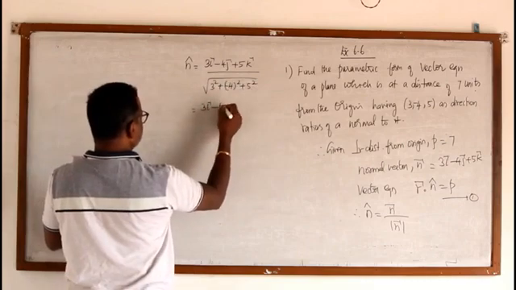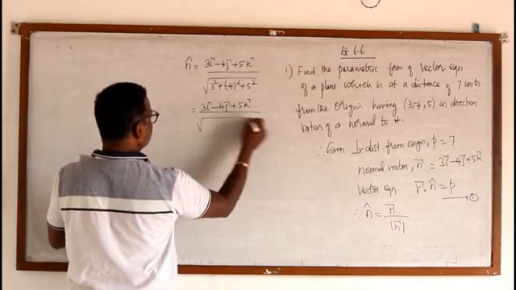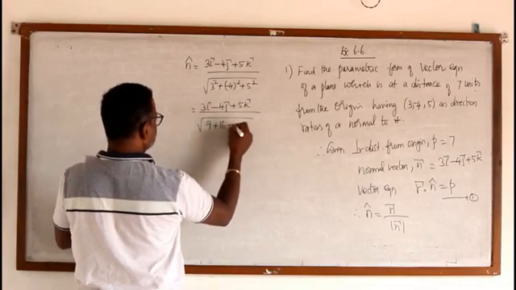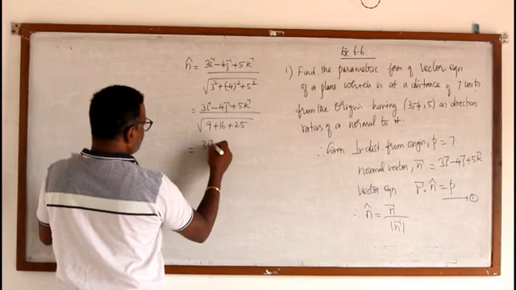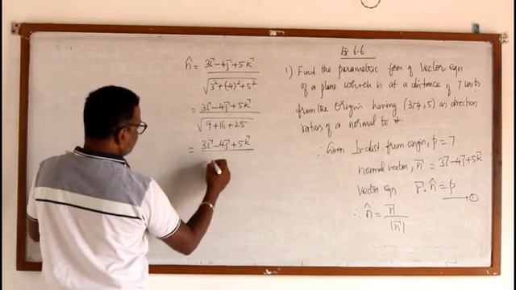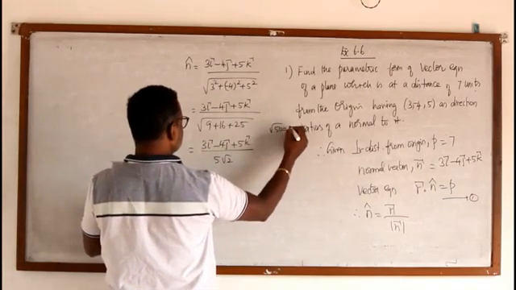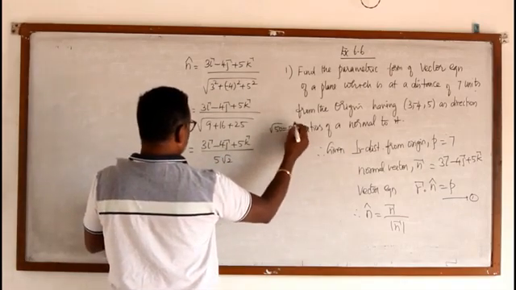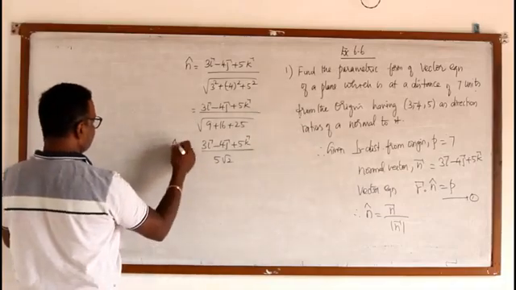It is 3i minus 4j plus 5k by root of 9 plus 16 plus 25. 25 plus 25 is root 50. Root 50 means 5 root 2, isn't it? Root 50, that is 25 into 2, so 5 root 2. Therefore, this is n cap.